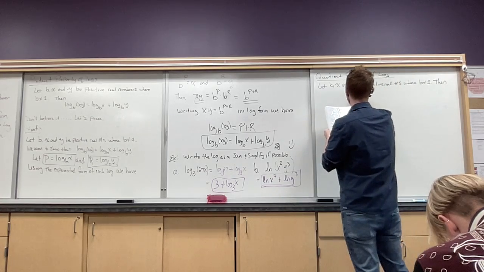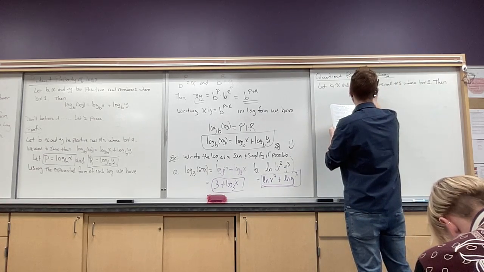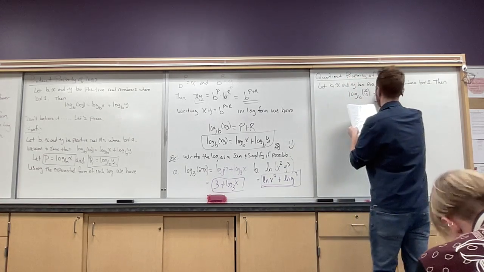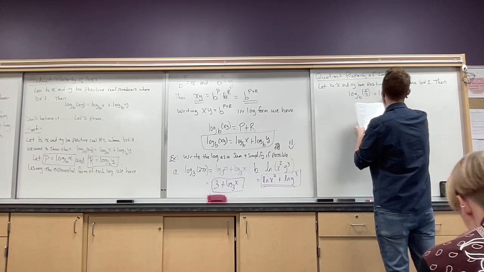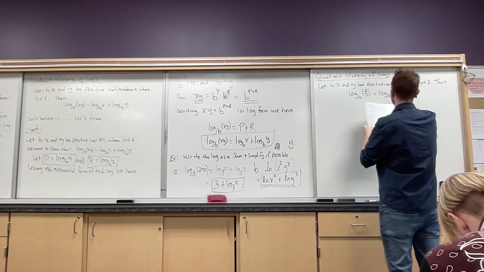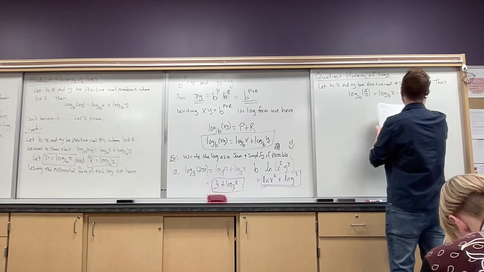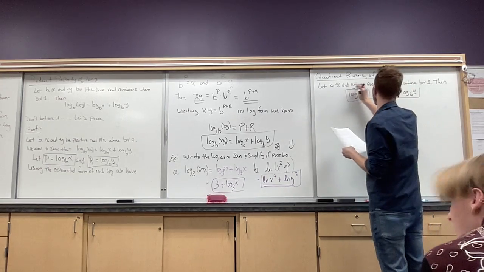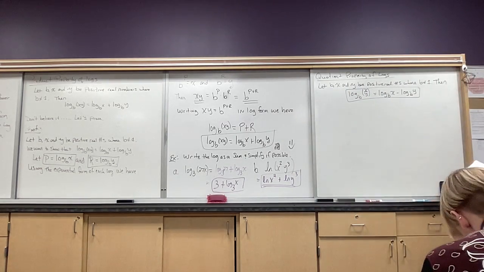Then log base b of x divided by y is the same thing as if you're subtracting. So I'll put a little purple box around that. So there's my next property.